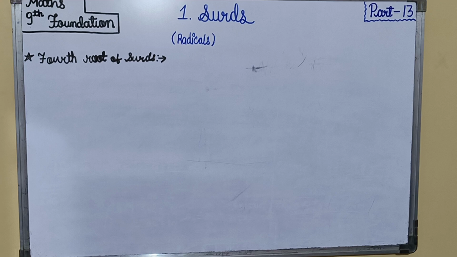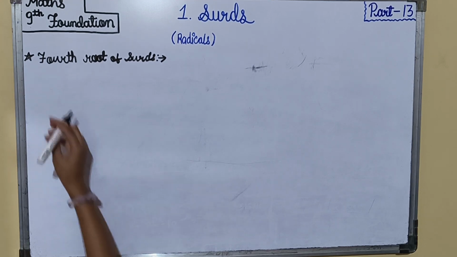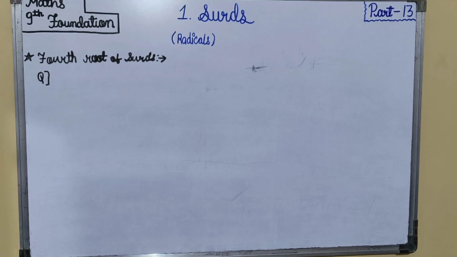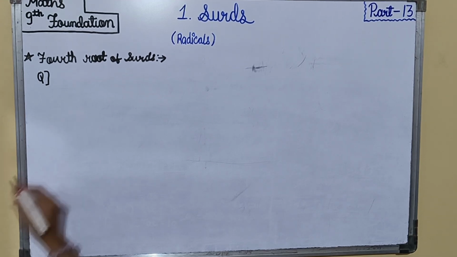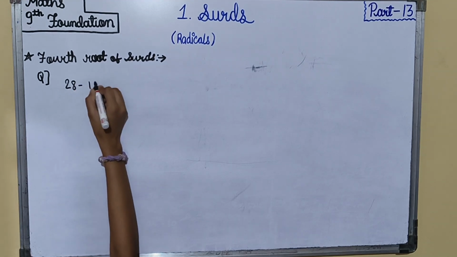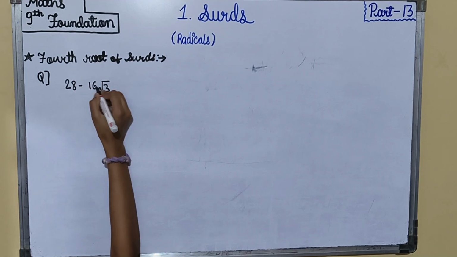First of all, our question is that find the fourth root of 28 minus 16 root 3.